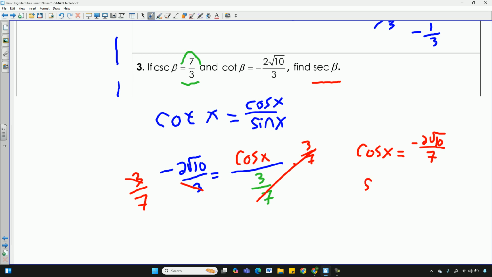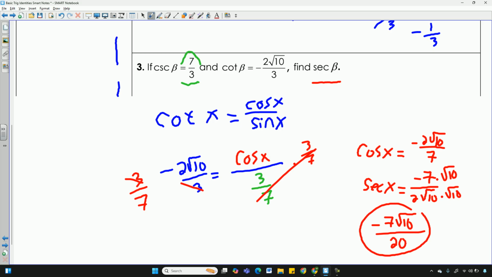And that means that secant of x, if we flip it, is negative 7 over 2 root 10. But we don't want a root 10. So we now have negative 7 root 10 over 20. And that should be good.